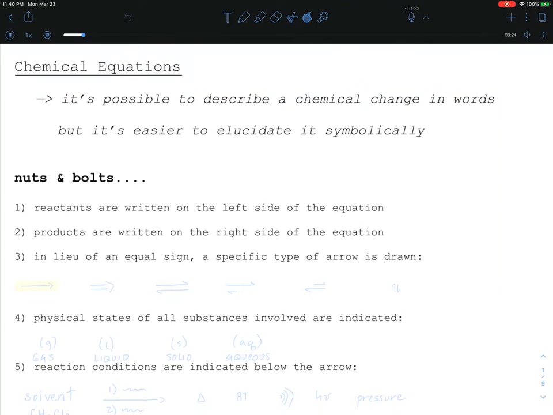Instead of taking the time to write an equal sign and then describing in words, hey, this is what happened on the left, this is what happened on the right, and look at how it all balances out, we're going to actually write a very specific type of arrow. There are a bunch of different types of arrows. The one that I just showed you guys was simply reactants going to products.